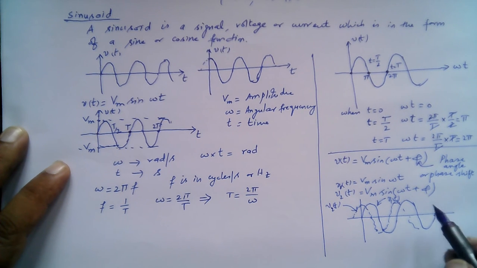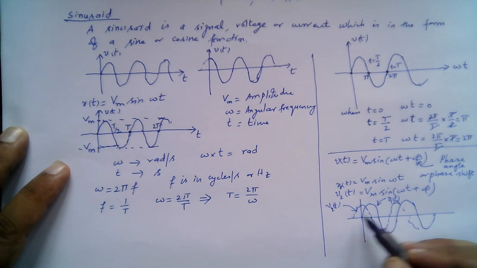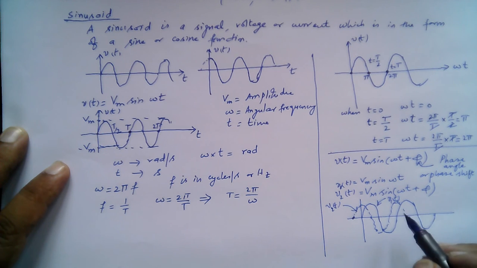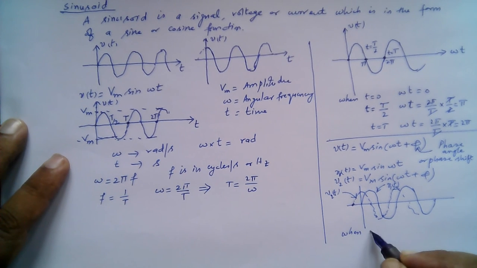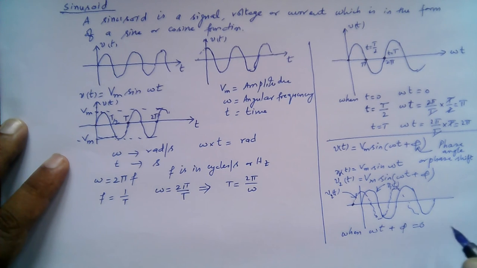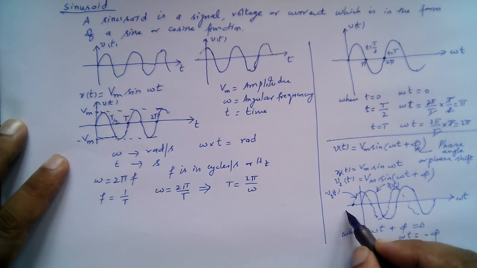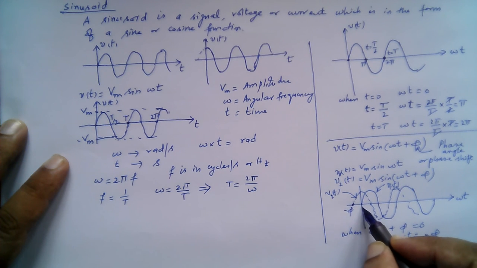Note that when omega t plus phi is equal to 0, then sine 0 is 0. So it is this value here, right? So when omega t plus phi is 0, basically omega t is equal to minus phi. So along this axis we have omega t, and omega t is equal to minus phi here, and this is 0 here. So this difference here is basically the phase angle, right?